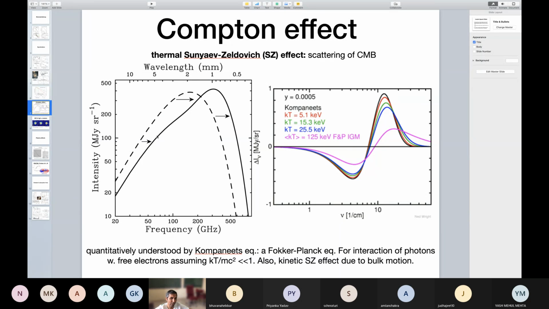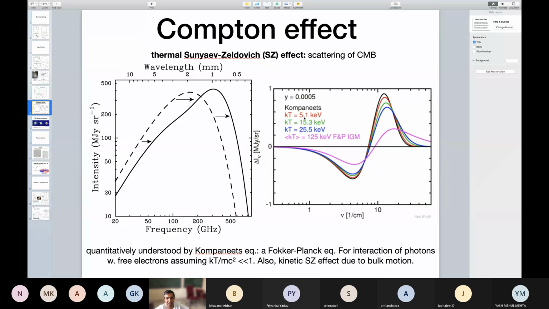It appears cooler than the normal CMB, whereas at higher frequency, the photons coming through the galaxy cluster have higher temperature. So this is change in temperature or change in intensity as a function of frequency. So you have a deficit and then you have an excess.